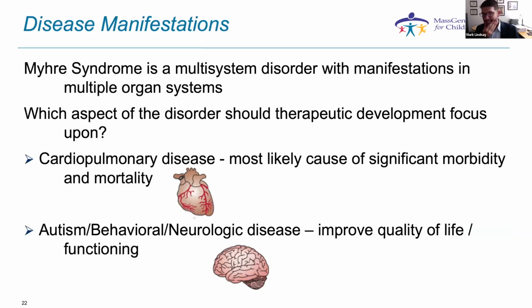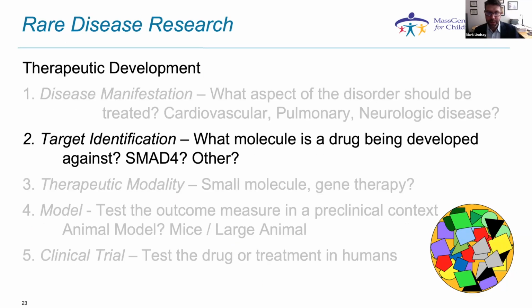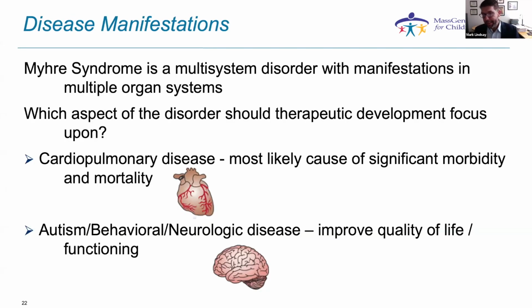So disease manifestations, this is a multi-system disorder, and what are we going to go after? I think cardiopulmonary disease is a good thing to go after because we have lots of technology to evaluate it. And so we're more likely to see subtle changes, subtle improvements.